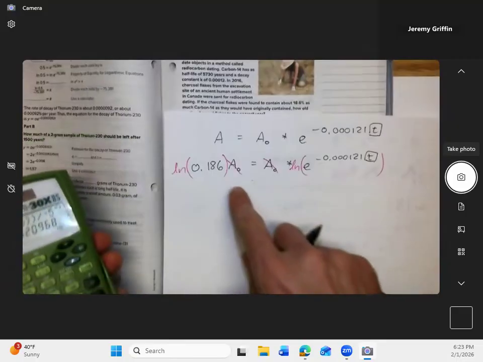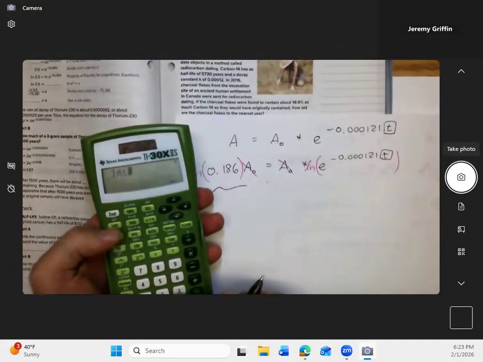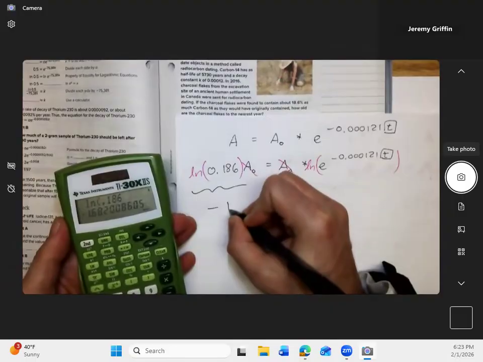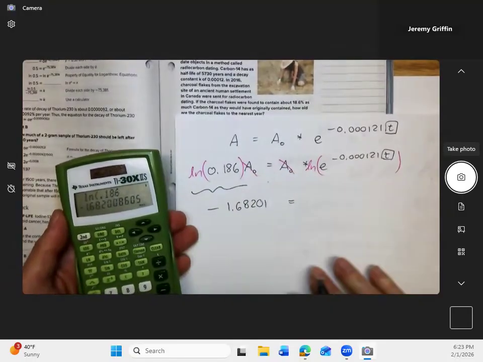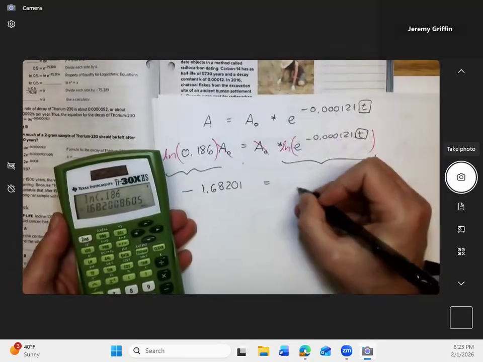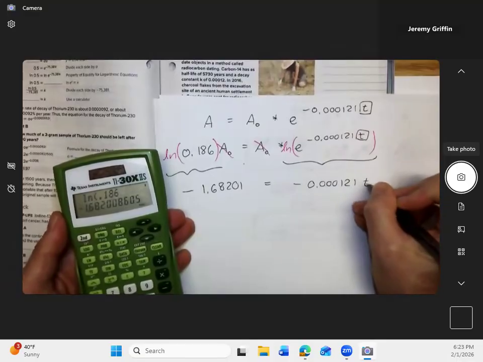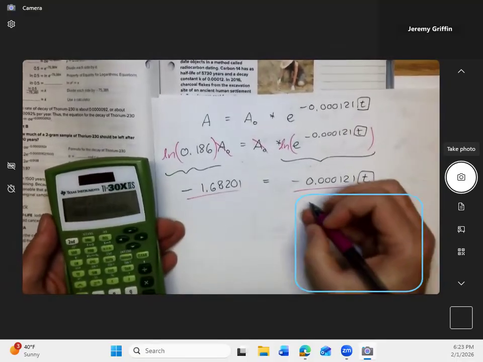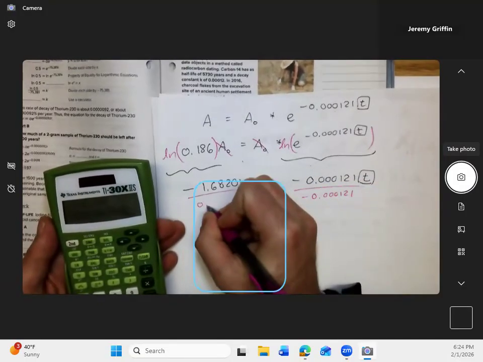So here, I'll go ahead and get a decimal approximation. All right, this right here, what is natural log of 0.186? That's negative 1.682, which is equal to, and then this, of course, simplifies to negative 0.000121t. Right? Divide by the coefficient, 0.000121.